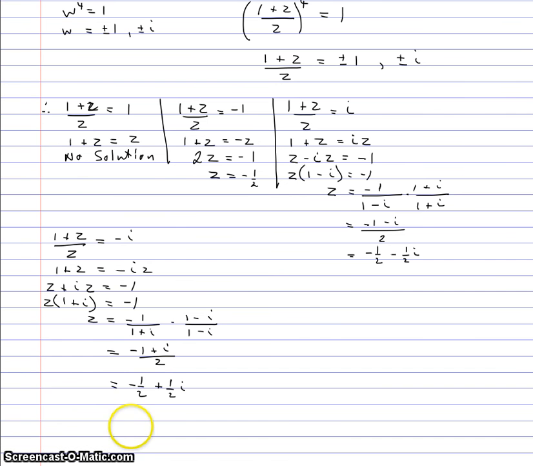So we find that we have three solutions. The solutions are negative a half, negative a half minus a half i, and negative a half plus a half i.